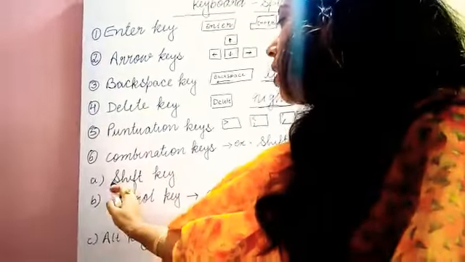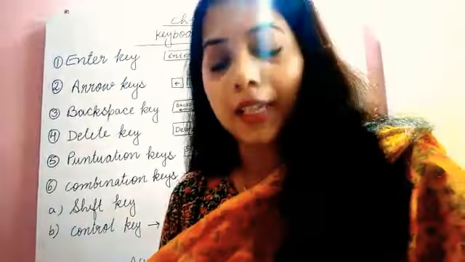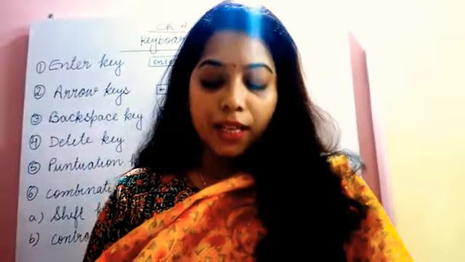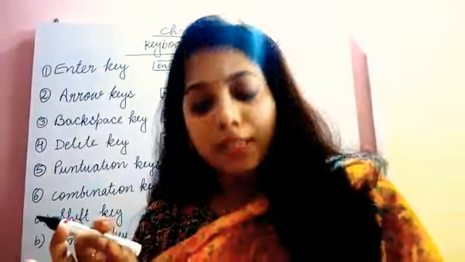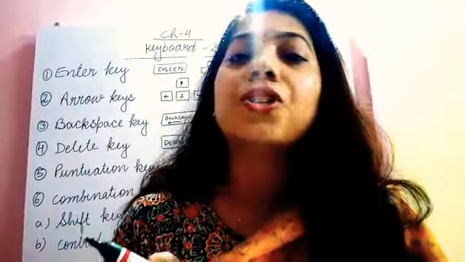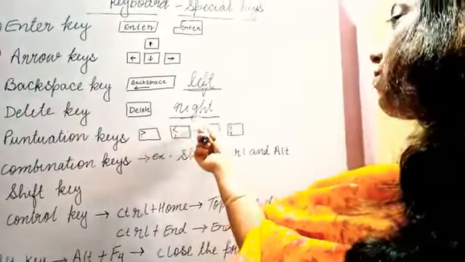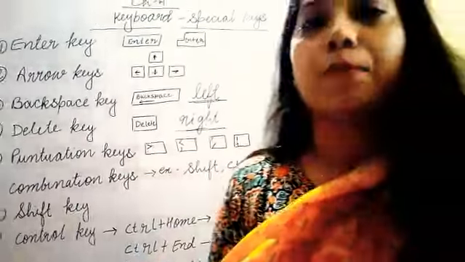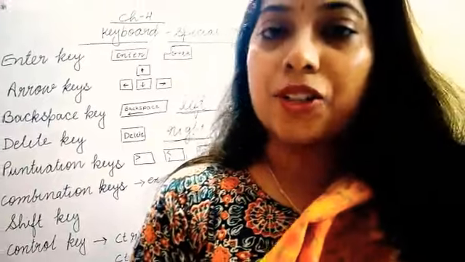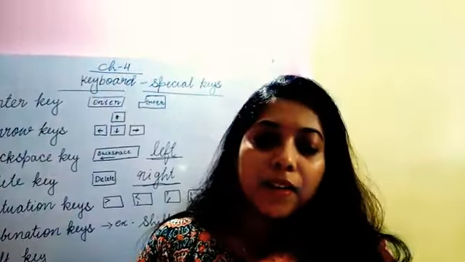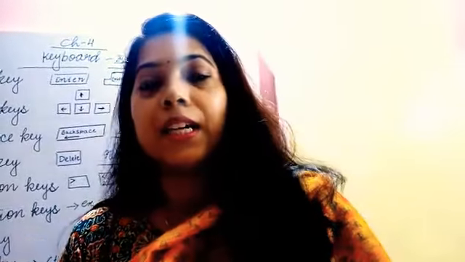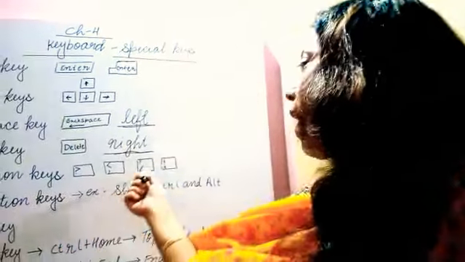So the first is the shift key. The shift key is used to type special symbols and punctuation marks present on the upper part of the keys. For example, if you want an exclamation mark, how will you get it? You can get it when you hold down the shift key and press the key number 1.